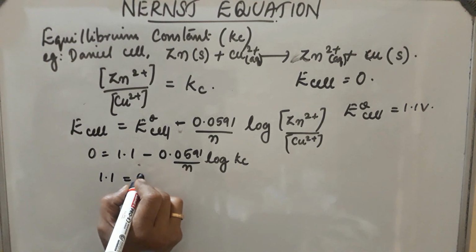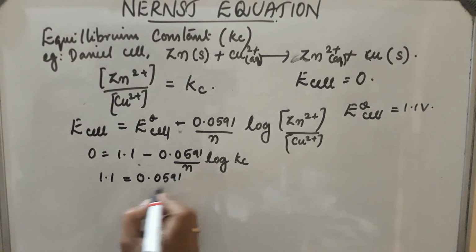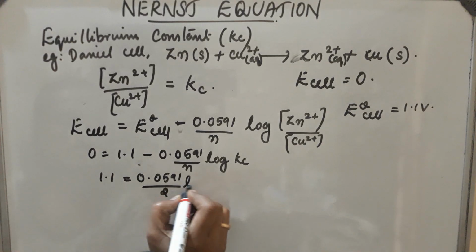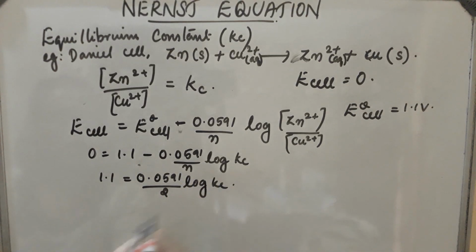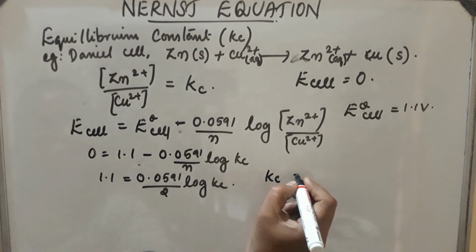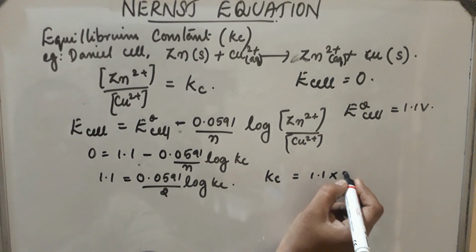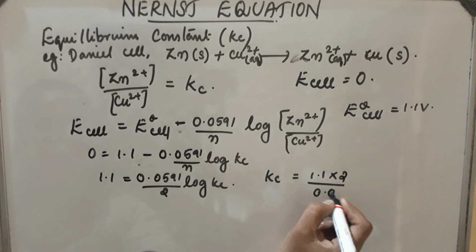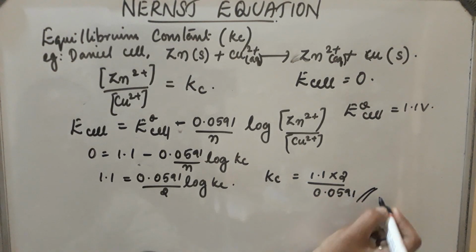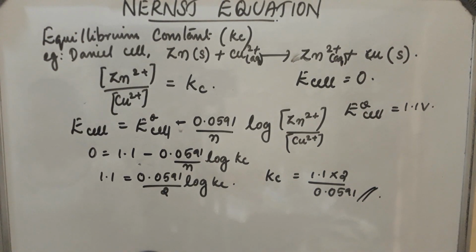So, 1.1 equals 0.0591 by 2, the number of electrons being 2, log Kc. Now Kc will be equal to 1.1 into 2 by 0.0591. This is the equilibrium constant for this Daniell cell.